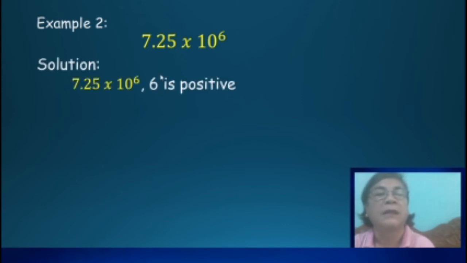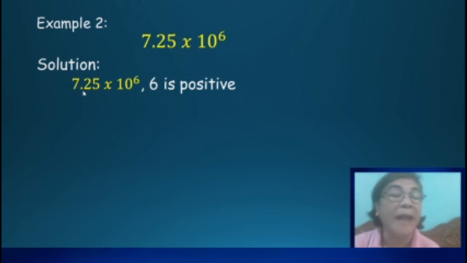Okay, let's have example number 2. 7.25 times 10 raised to the 6. Well, here in 7.25 the understood decimal point is between 7 and 2. So the exponent is 6.